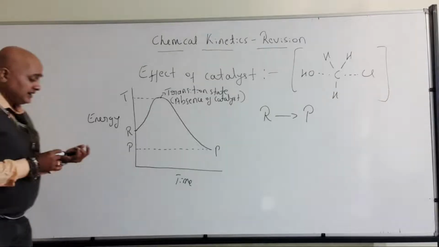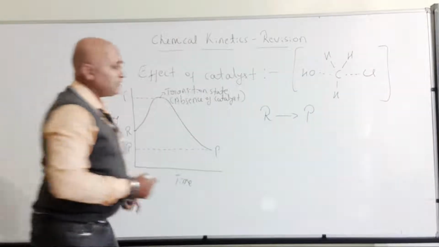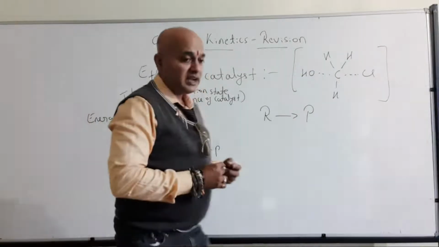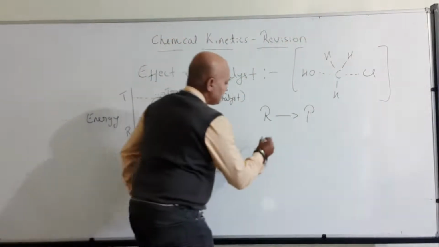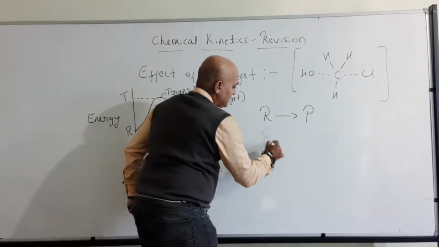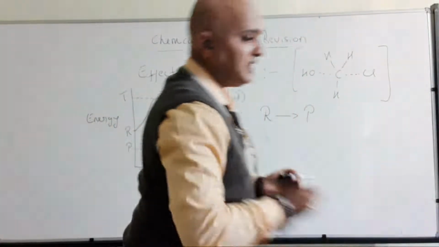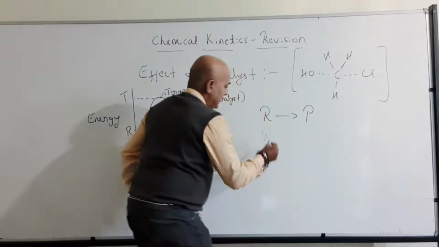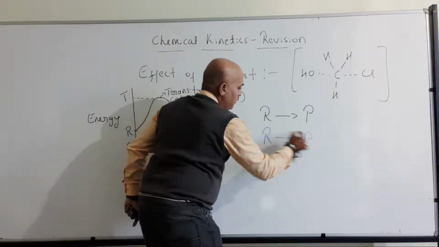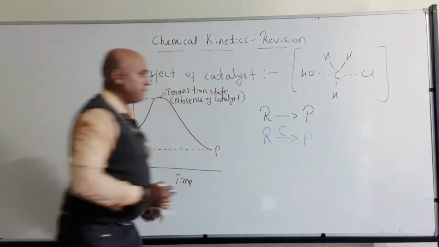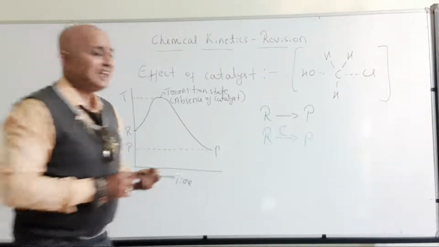Now, if I am using a catalyst for the same reaction, if possible I will use a different ink for this. So once again we have the reactant getting converted into product in the presence of the catalyst.